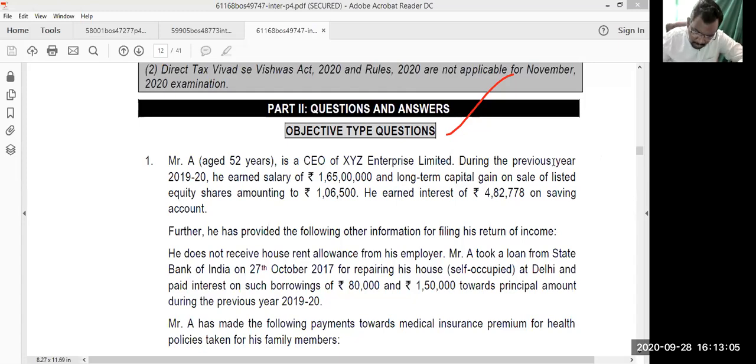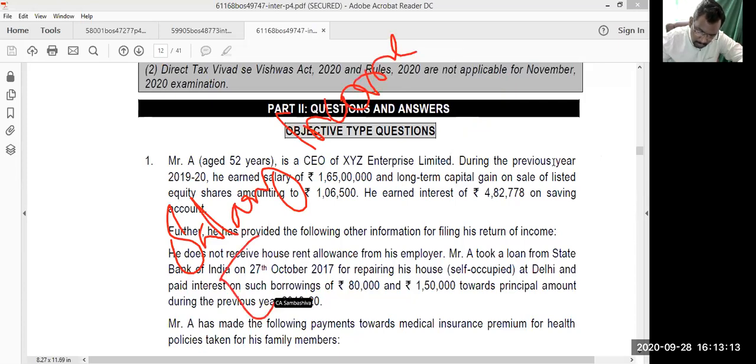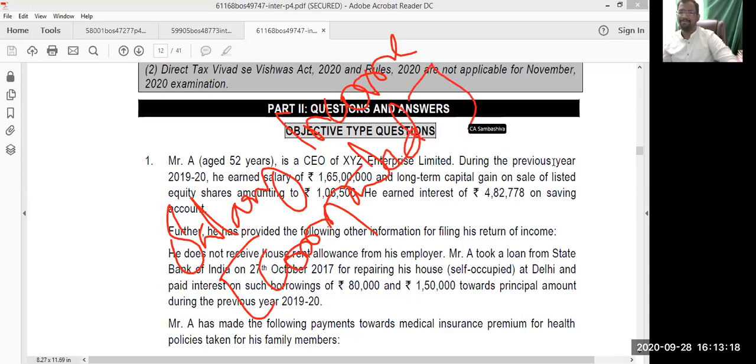If they use words like salary income computed, if they use the word computed, that is a final figure. You can directly take it into the main column.